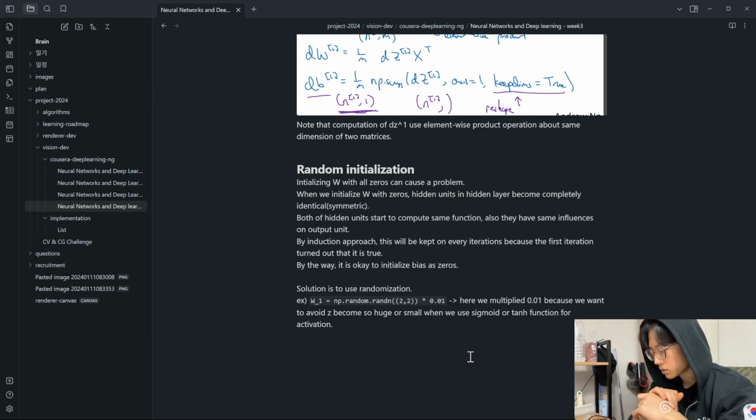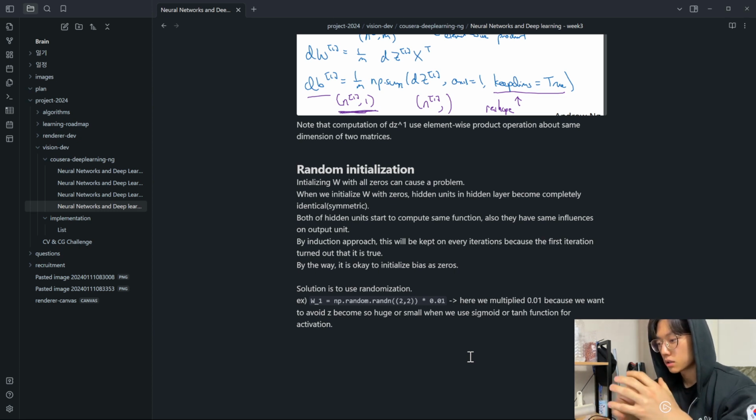By induction, because this is true in the first iteration, it will keep being true on every iteration later on.